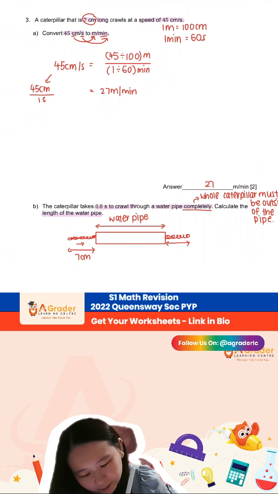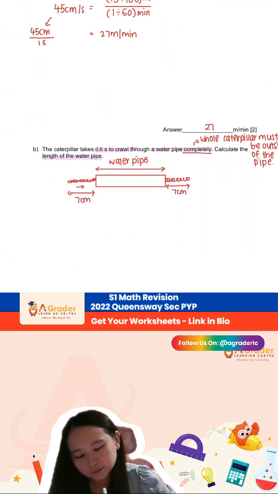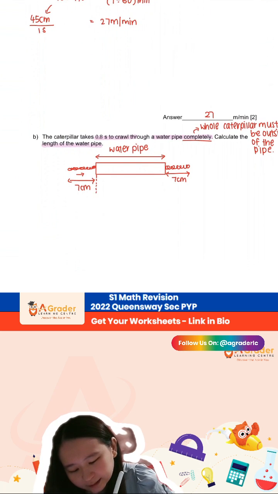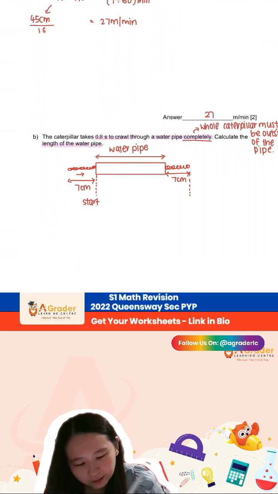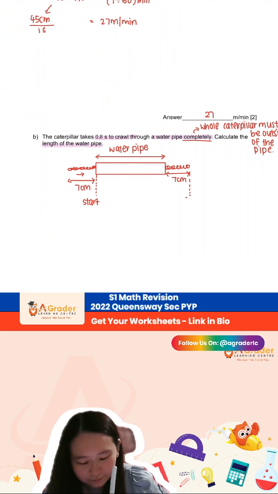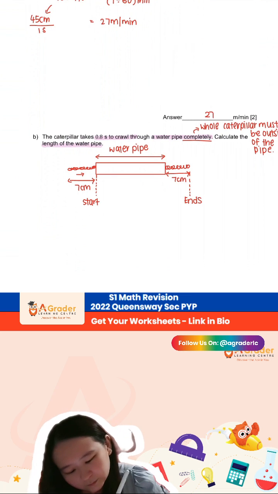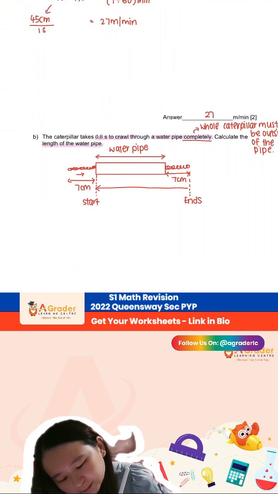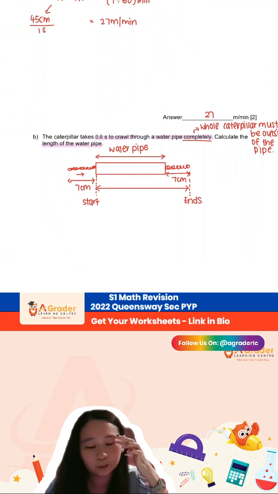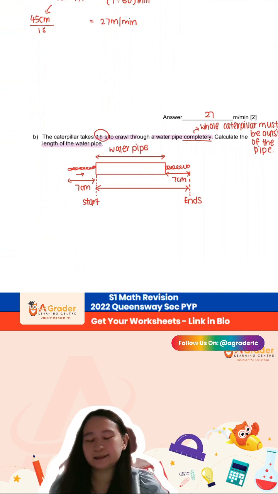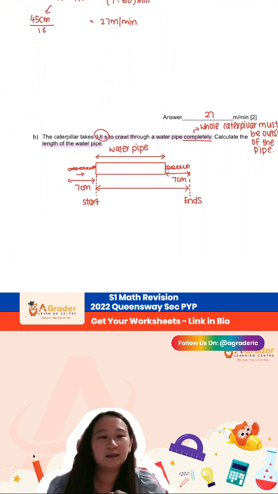So this is 7 centimeter here. So you can see that the caterpillar started from here and ends at here. So when we use the time taken by the caterpillar to crawl through the water pipe completely, which is 8 seconds, we are finding the distance of the water pipe plus the caterpillar.